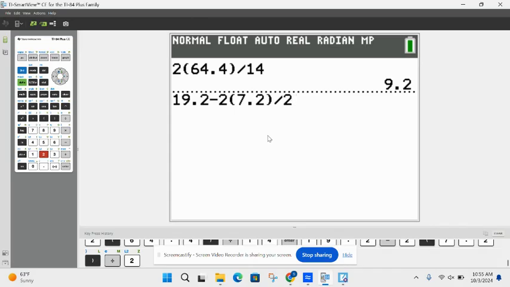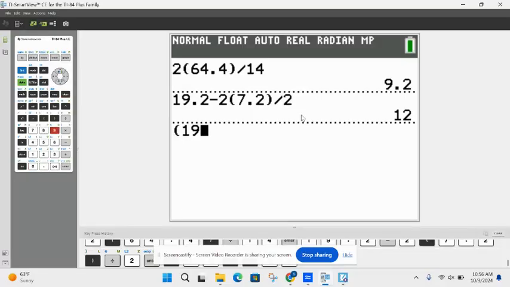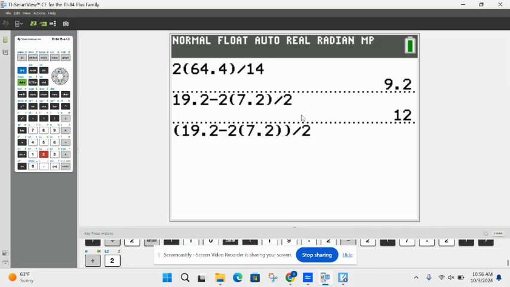Why will that not give us the right answer? Because you have to divide the whole thing by 2, not just the 7.2. Right. The calculator is going to say 7.2 divided by 2. But we need this entire thing to be divided by 2. So you would either put it in parentheses, 19.2 minus 2 times 7.2, and then an extra parentheses divided by 2.